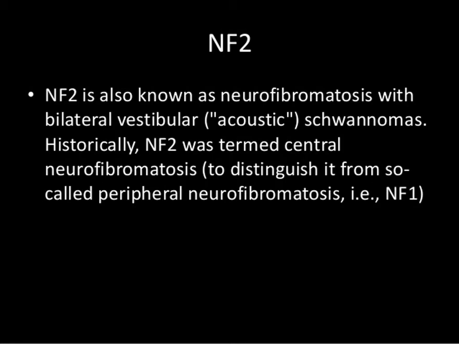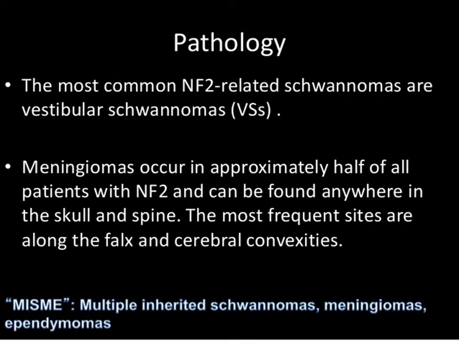In pathology, the most common NF2-related schwannomas are vestibular schwannomas. Meningiomas occur in approximately half of all patients with type 2 and can be found anywhere in the skull and spine. The most frequent sites are along the falx and cerebral convexities. MISME means multiple inherited schwannomas, meningiomas, and ependymomas.